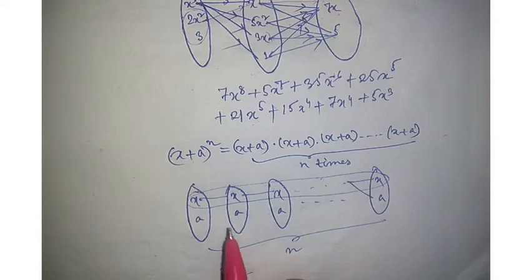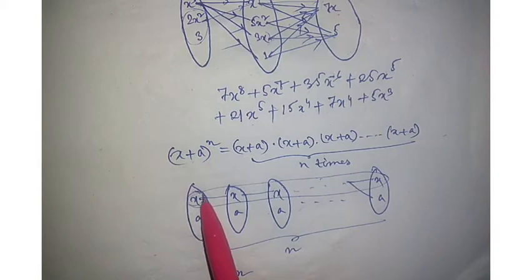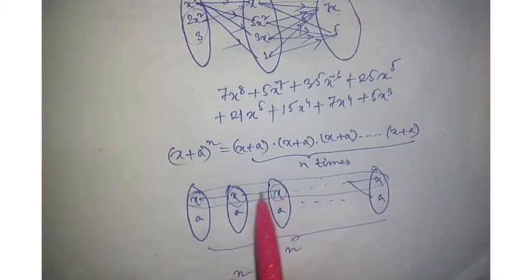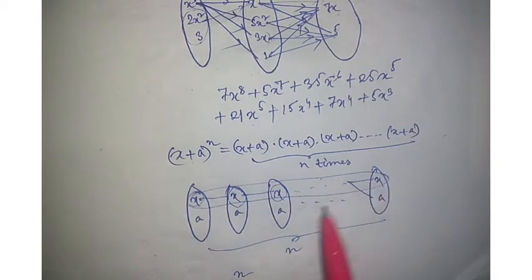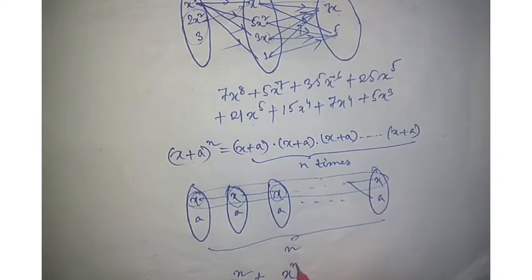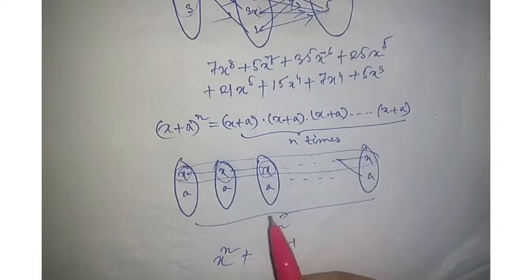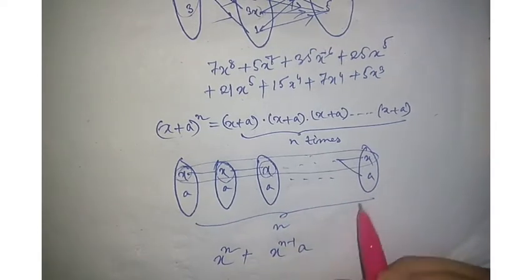And now they see in how many ways I can choose all the x's from here, that is, in how many ways can I make x to the power n? In one way, because there is only one possibility: I can take x only from here. So only by taking x from all of them can I get x to the power n. So that is sorted. But when I move to the next term, that is if I decrease the power, I want to choose n minus 1 x's, and if I multiply them I get x to the power n minus 1, and then one a is left out, so a.